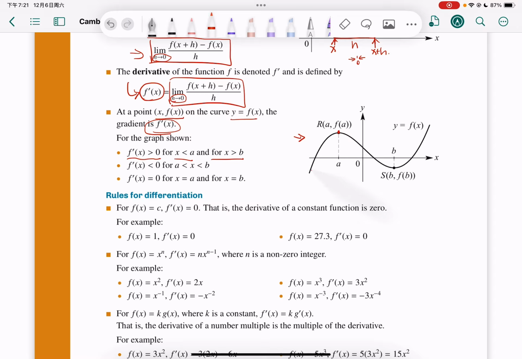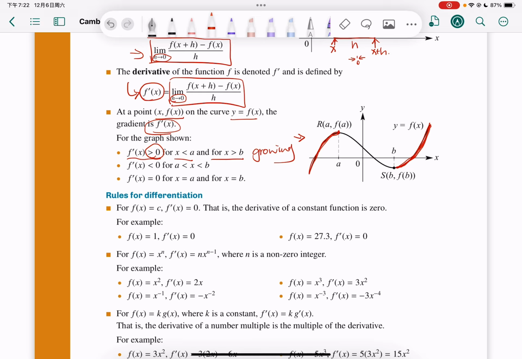Why do we want to compare the derivative of f(x) with 0? If the derivative is larger than 0, that actually means, for the red part of the function, the graph is growing.